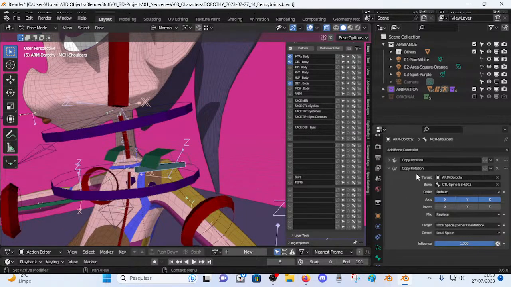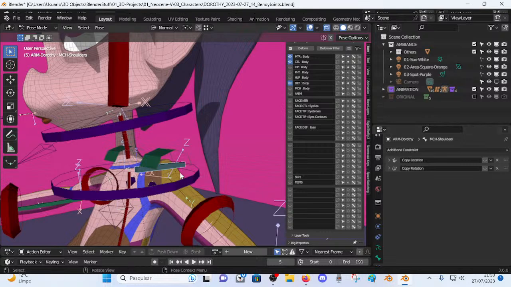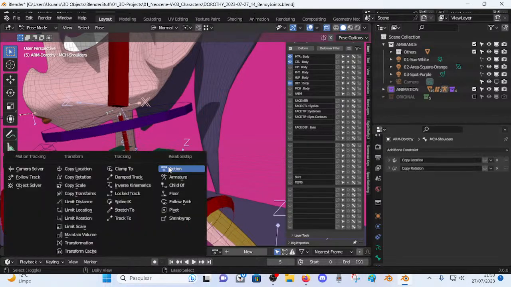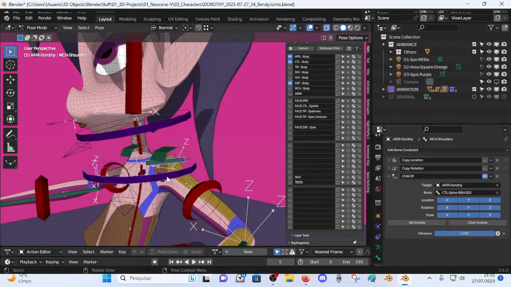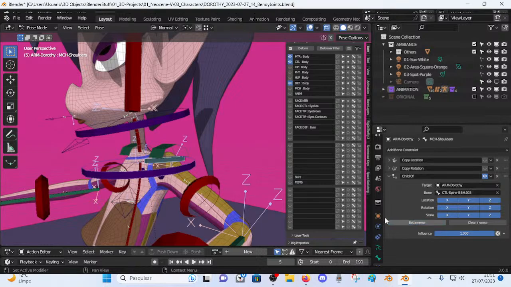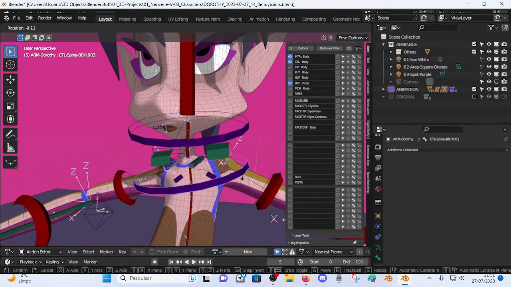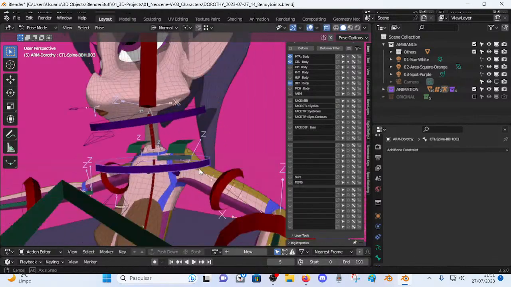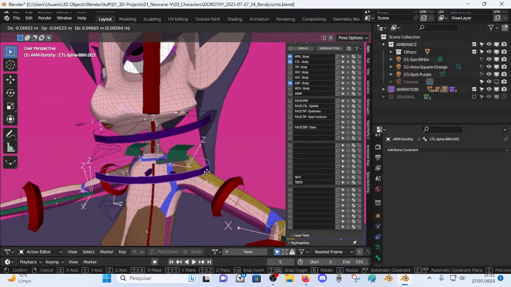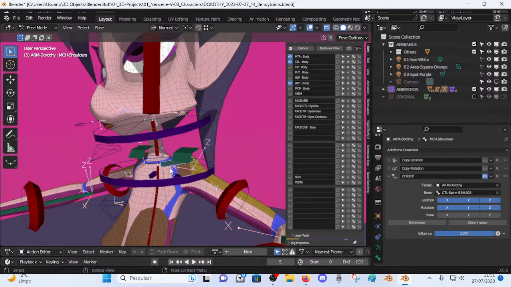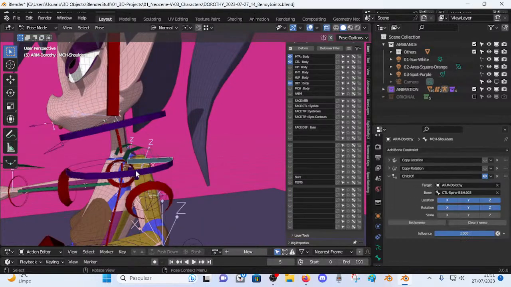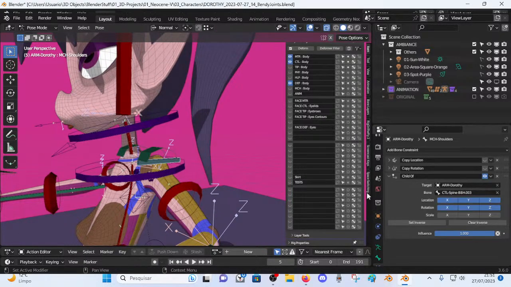Let me just show here what was happening with the limitation of the child of bone constraint. So as I have it here, what's happening? For some reason now it cooperates, so not sure. Maybe it was happening because I was using the wrong bone.